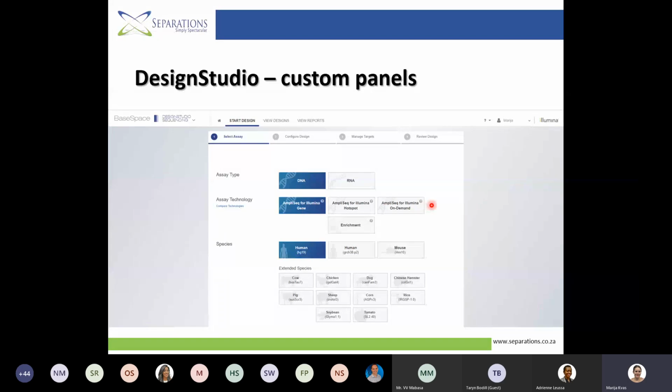There are many different solutions for targeted panels, but there is also a solution for enrichment, so for our probe-based panels. And apart from human, there are also options for different species, and this is mainly for the enrichment panels.